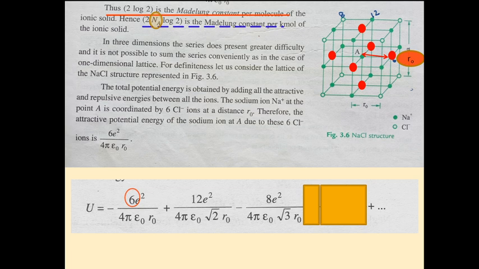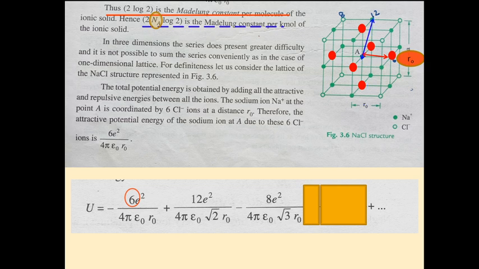So in all there are 6 chlorine ions at the same distance R0, and therefore the very first step is multiplying 6 by e square upon 4 pi epsilon 0 R0. I think everybody knows epsilon 0 is the permittivity constant of free space.